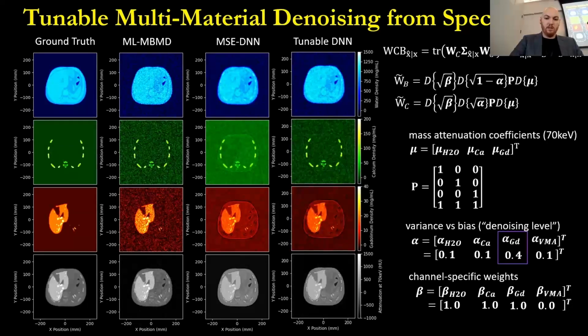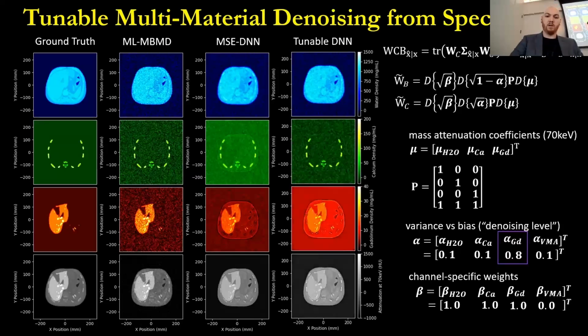One thing to notice about this protocol is as the bias in the gadolinium channel goes up, you also see a bias in the virtual monoenergetic attenuation images because it's directly constructed from a sum. So the bias in gadolinium is creeping its way into those attenuation images.